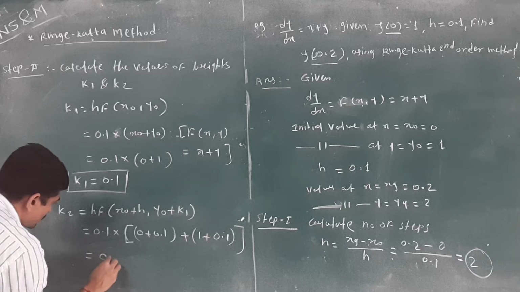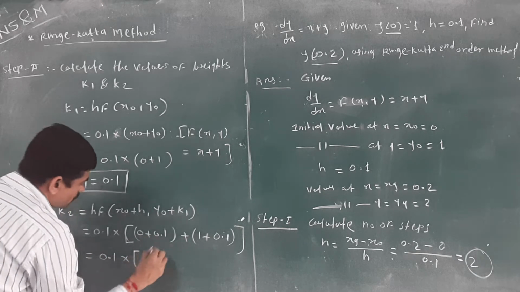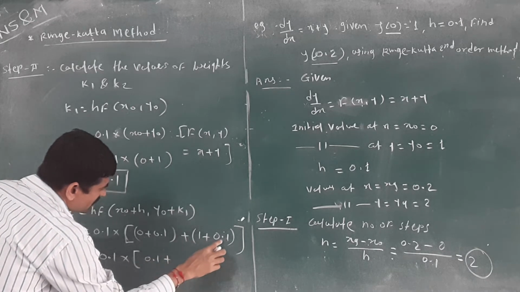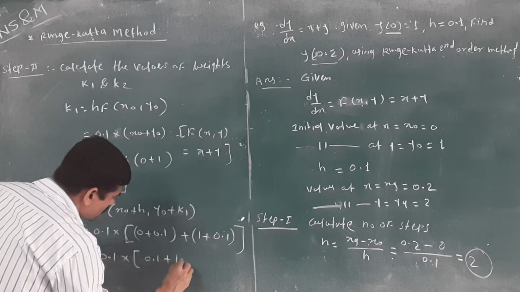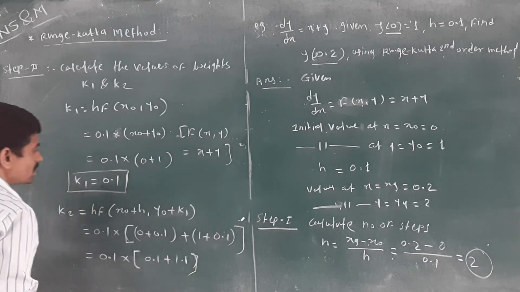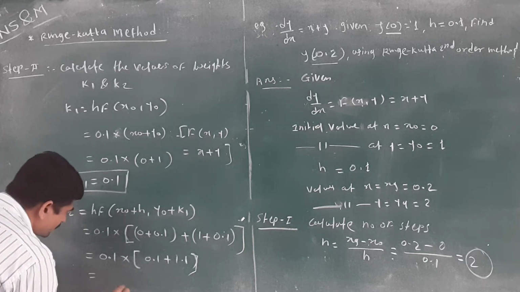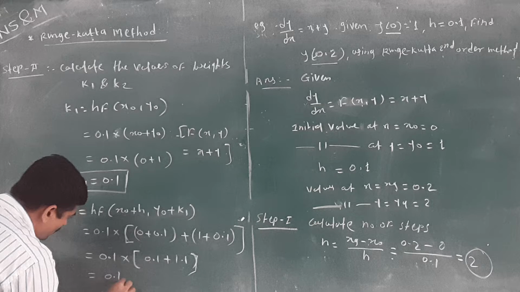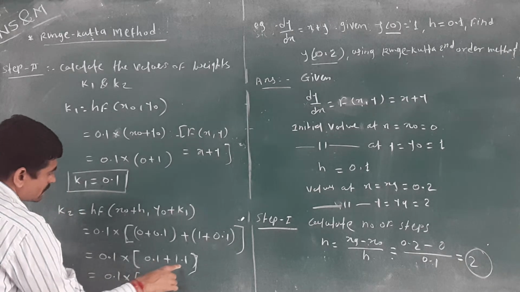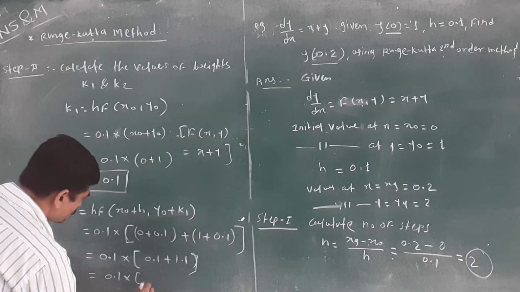Then check how much we will get. 0 plus 0.1, we will get 0.1, plus 1 plus 0.1. Yes, anybody? 1.1 is there, right? Then how much will you get? Check that: 0.1 into, again, this 0.1 plus 1.1. You will get how much? 1.2.